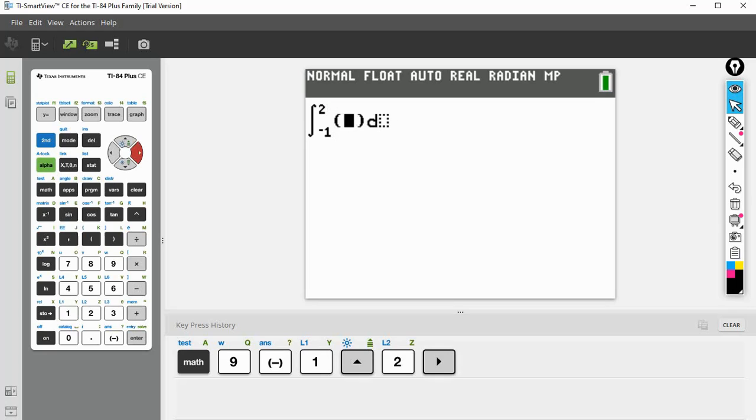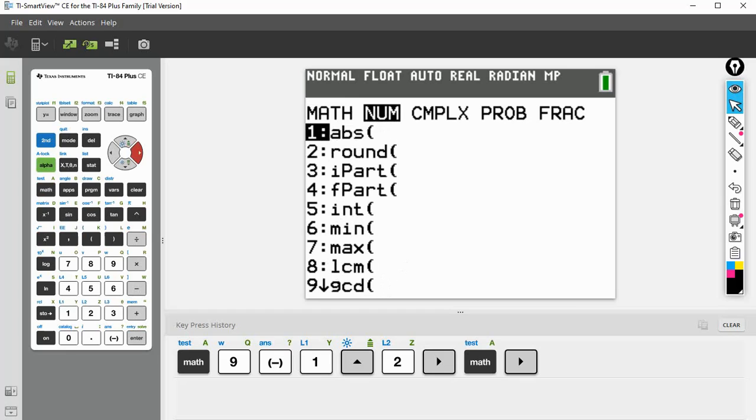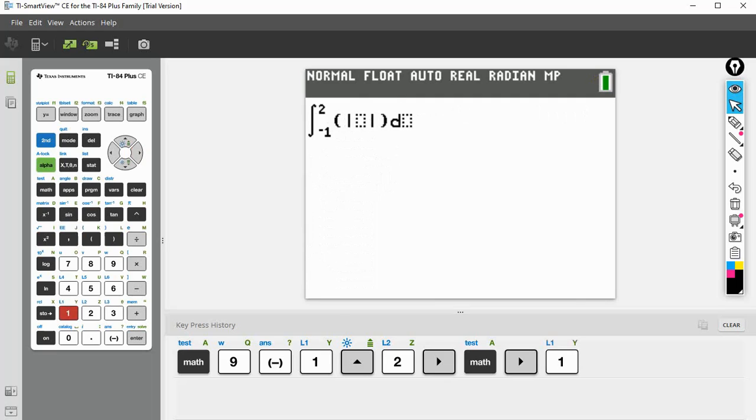And then in order to get the right answer, we need the absolute value. And the absolute value you're going to find also by clicking on math, and then you move one to the right, and it's going to be the first option there that says absolute value. So 1, and there we have the absolute value symbol.